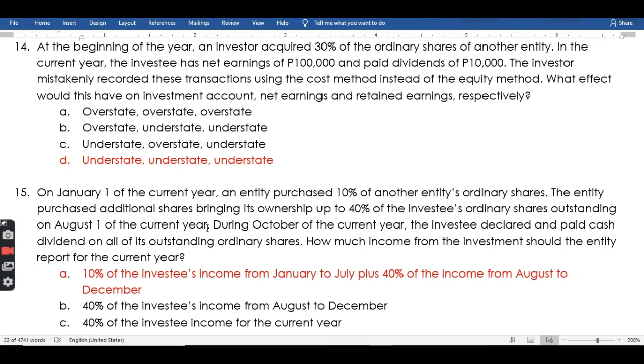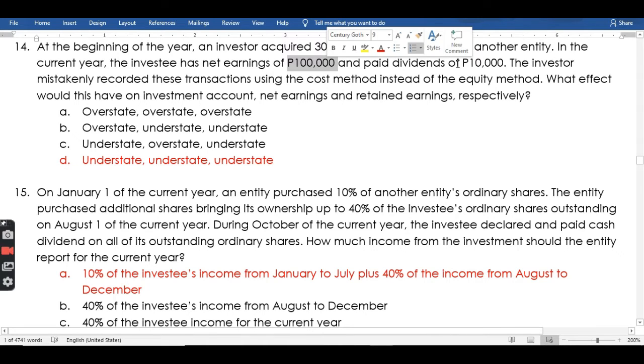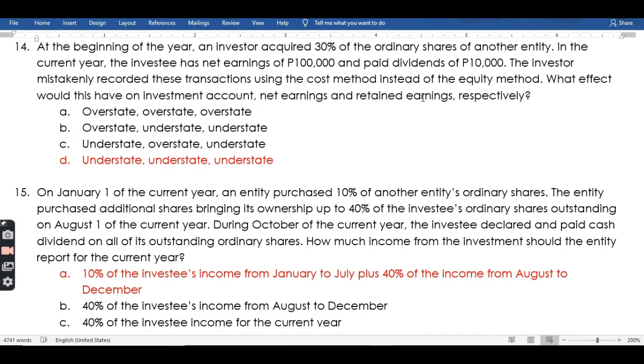So, hindi natin ginagawa yung pagkuha ng 30% nito at pag 30% nito. Okay? Kasi naka-cost ka lang. So, kapag cost method, ang ginagawa mo, yung dividend lang ang i-recognize mong income. So, the question there is, what effect would this have on an investment account, net earnings, and retained earnings, respectively?